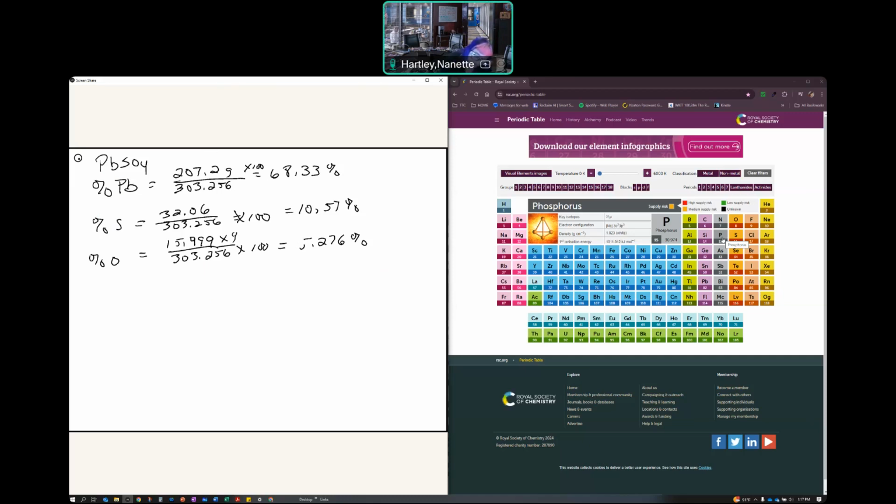This should then be, instead of 5, 21.1% for sig figs there. And if I do that math, that should make a lot more sense, and that is equal to 100%.